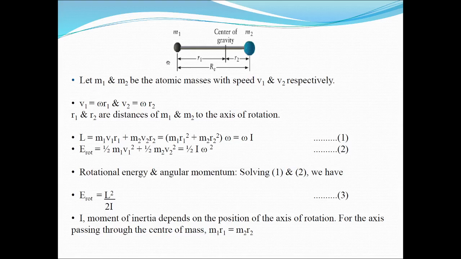Here is m1 and m2, with radius r1 from the center of gravity for mass 1 and r2 for m2. You already know the relationship between the angular and linear velocity: v1 is equal to omega r1 for the first body, and v2 is equal to omega r2 for the second body. r1 and r2 are the distances.